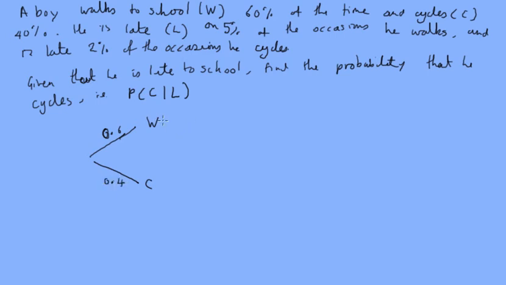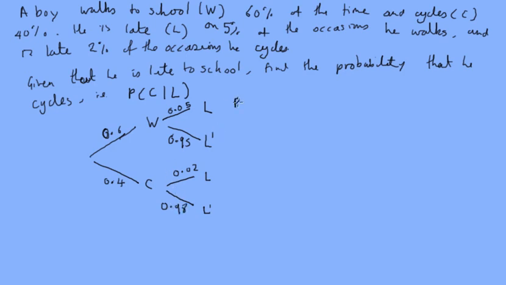When he walks, it's 0.05 that he's late, and not late is going to be 0.95. When he cycles, he's late 0.02, and when he's not late, it's 0.98.